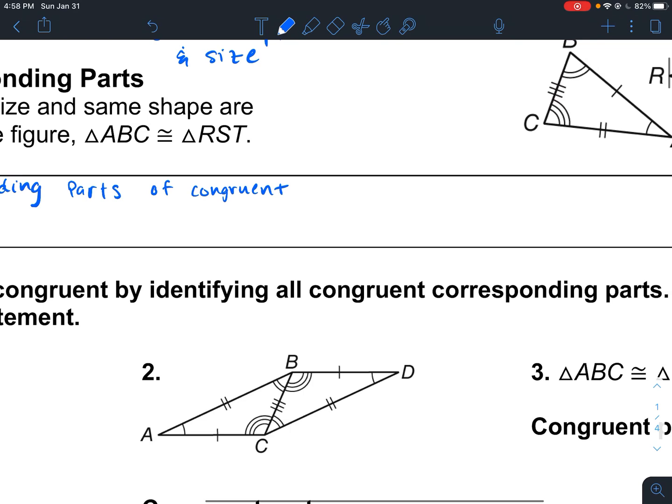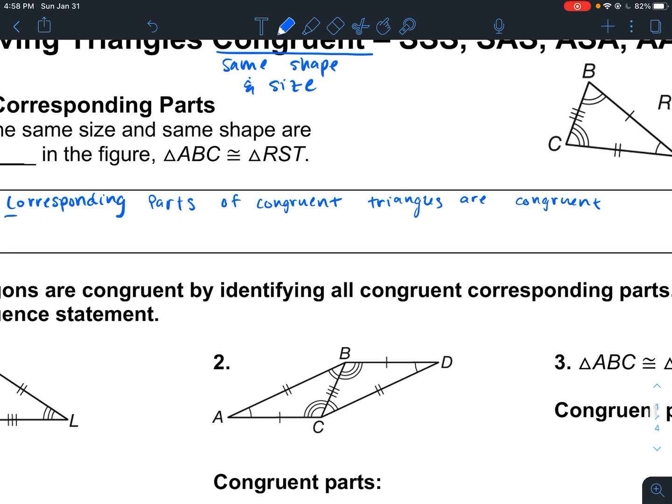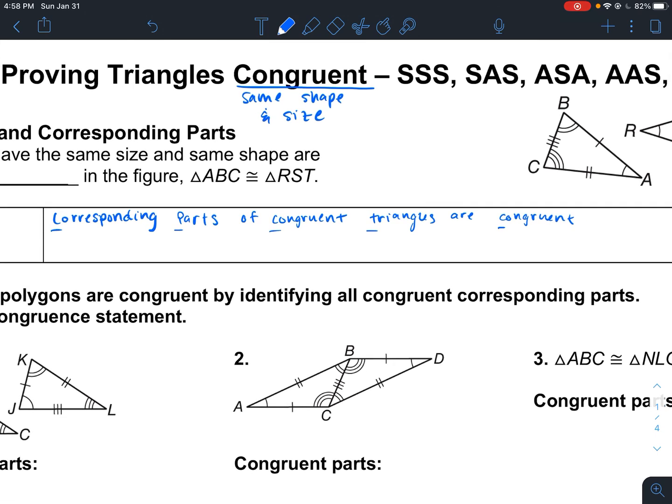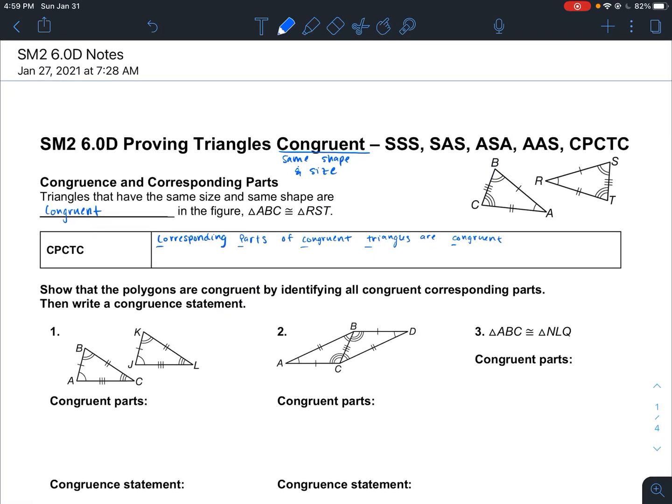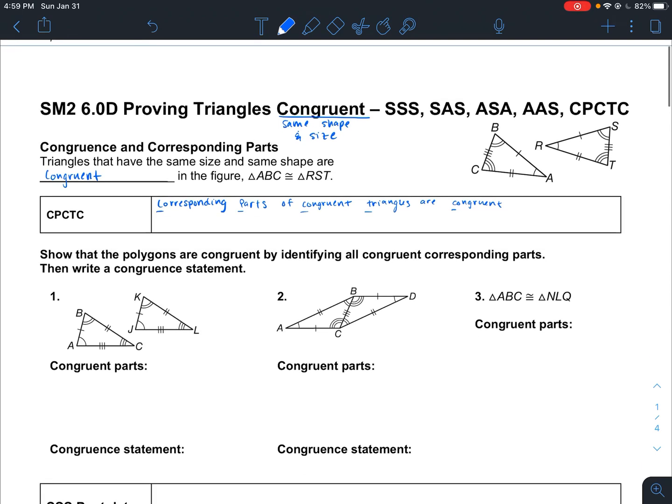Corresponding parts of congruent triangles are congruent. That's what I just went over. Basically, if two triangles are congruent, then their corresponding parts are also congruent.